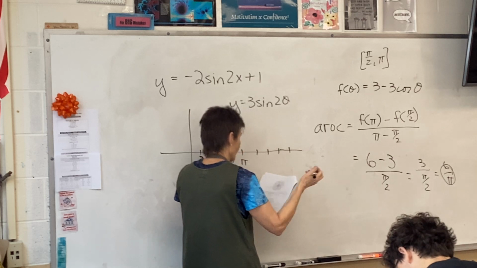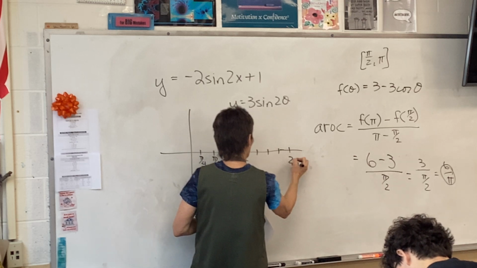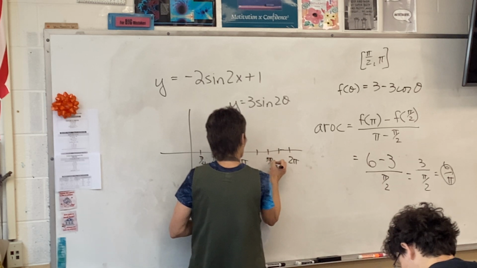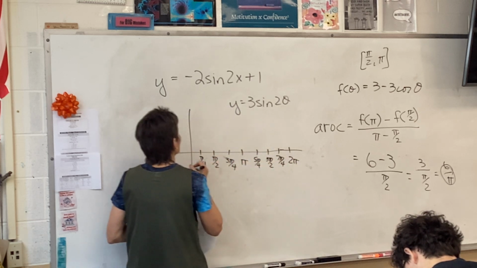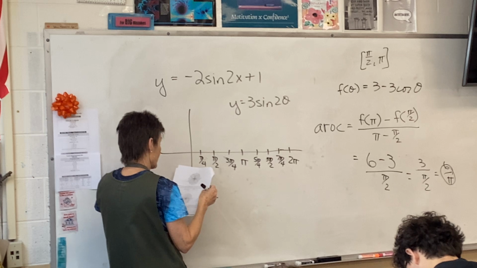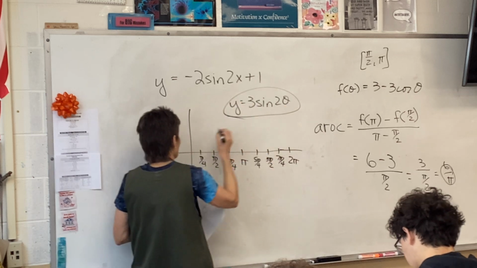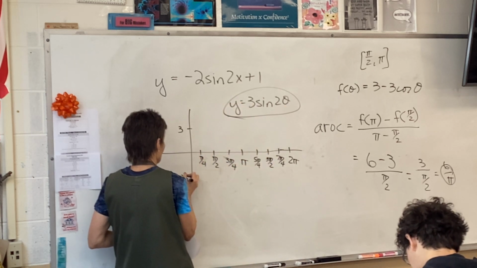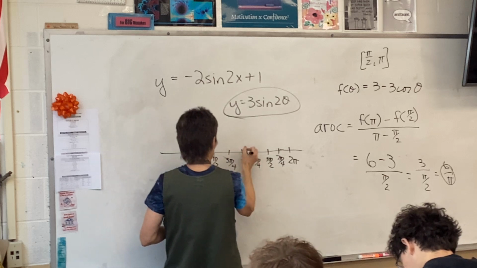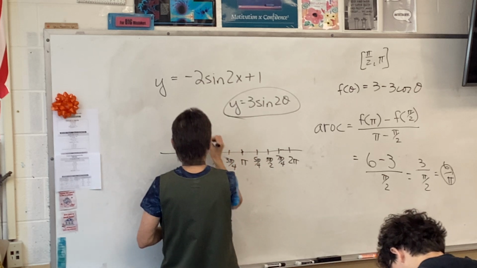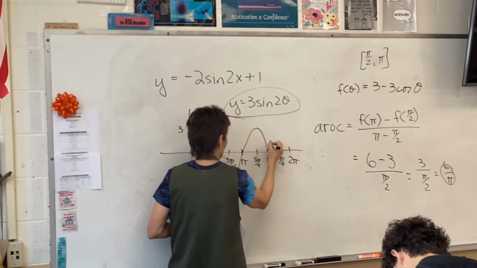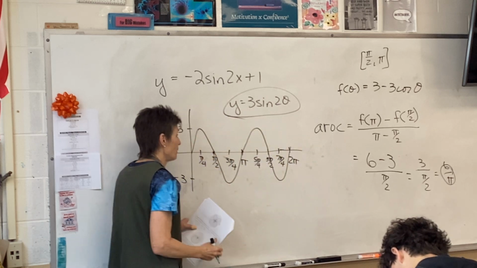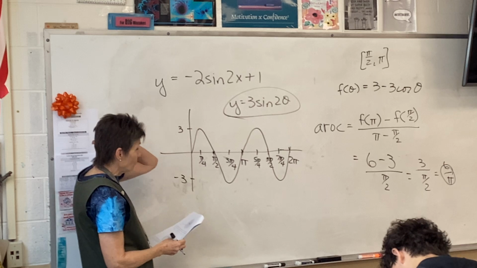Since a lot of my intervals are bigger than that, I'm going to go ahead and go all the way to 2 pi. And it's a regular sine curve with an amplitude of 3. So here we go. There's 2 periods of it to get me all the way to 2 pi.